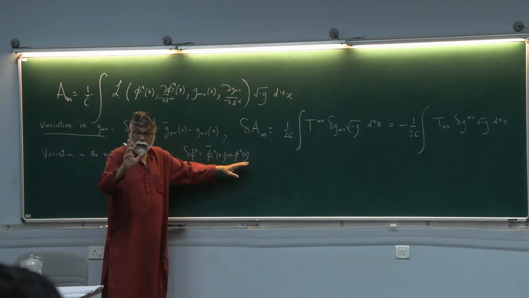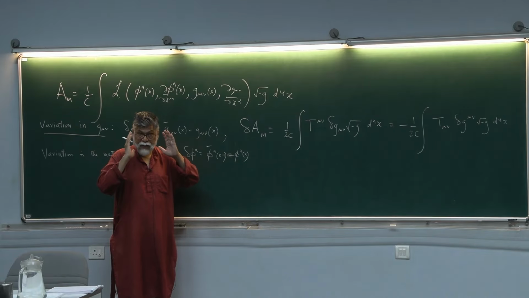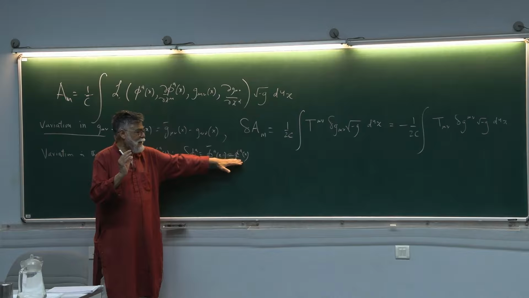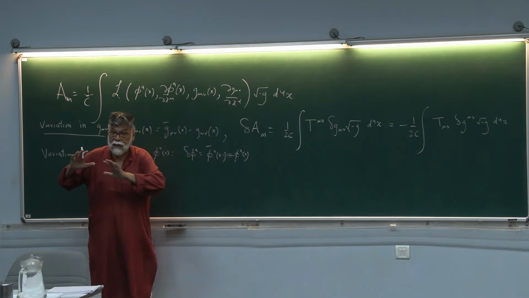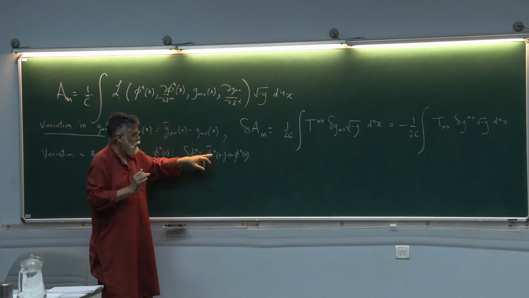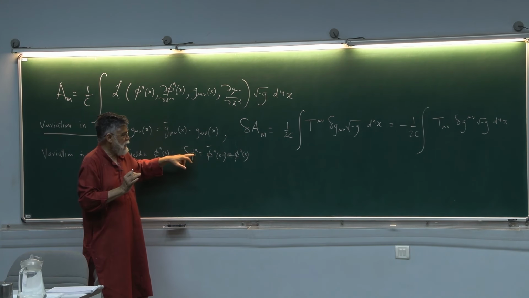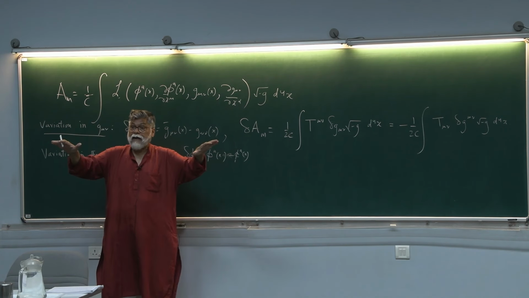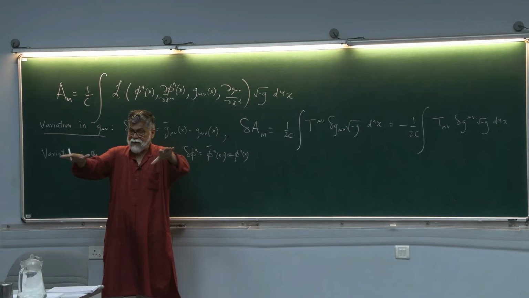One should be very careful to underline the key things. If phi a of x is evolving according to the equation of motion and you make a tiny variation to phi bar a of x, delta phi a, then the principle of least action tells me that up to linear order in delta phi a, the change in the matter action will be 0 because it's an extremum.